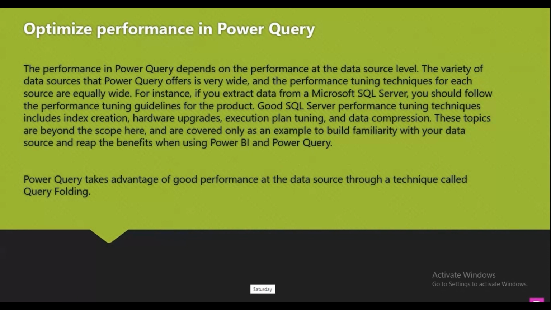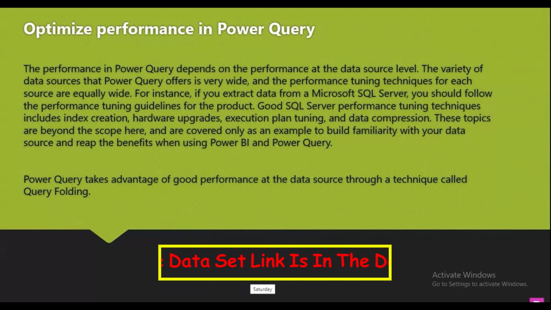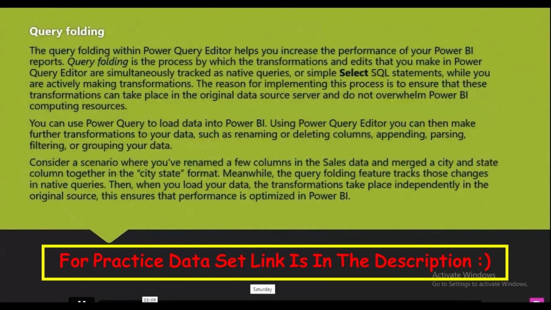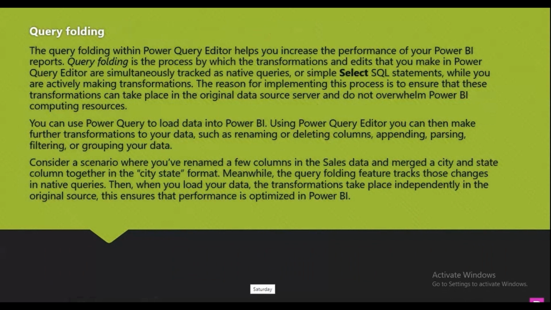Okay, so what exactly is the meaning of query folding? Let me explain in a very basic way. I'll keep this slide open, so you can go through the content as well. Whatever transformations you are performing, for example, let's say we have two columns, city and state, and inside Power Query Editor you are merging them into a single column, city state.